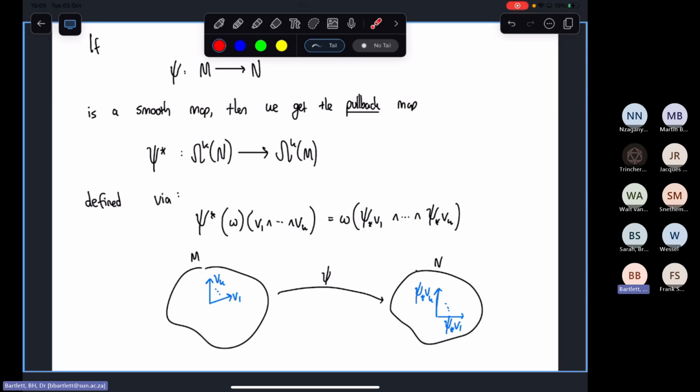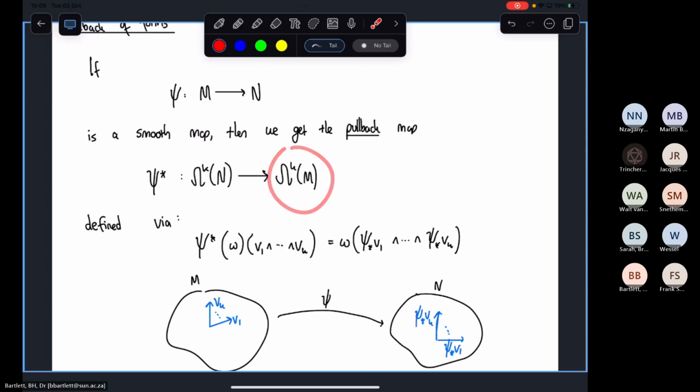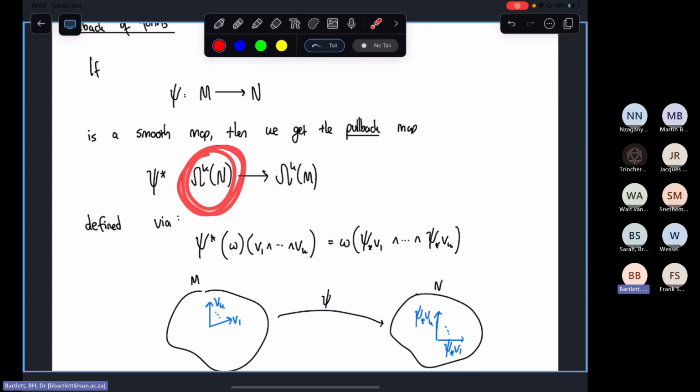Each of these vectors I push forward to a vector in N using the derivative of psi, and then I wedge those vectors together, which gives me something in the kth exterior power of the tangent space in N. Then I let omega, because remember omega was a k form on N, eat up these and spit out a number. So the pullback of k forms is ultimately defined in terms of push forward of tangent vectors.